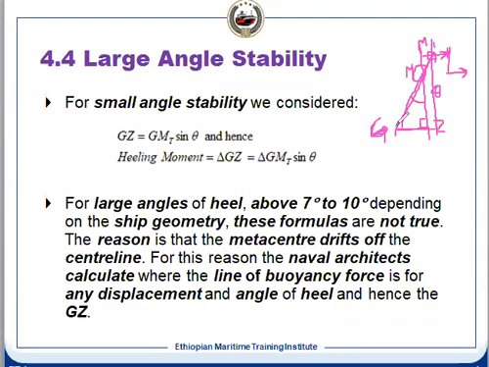And what will happen to B? Suppose this is B. For a small angle, it is like a pendulum: M is pivoted and it moves like this. But now, because of drifting, B has come to this point, for example, and this is B1.